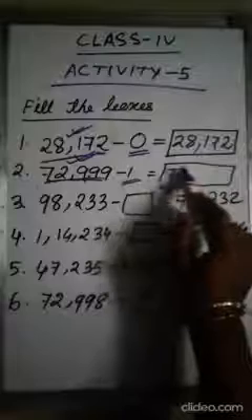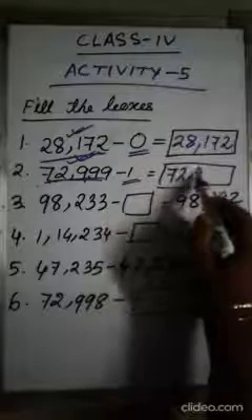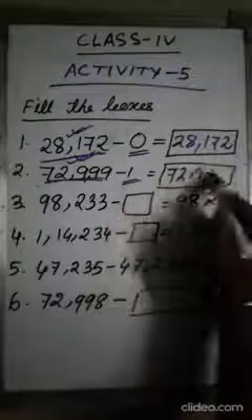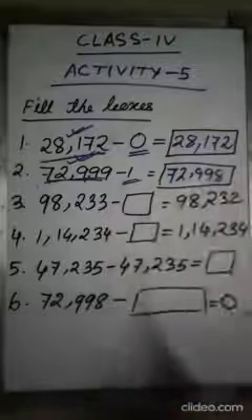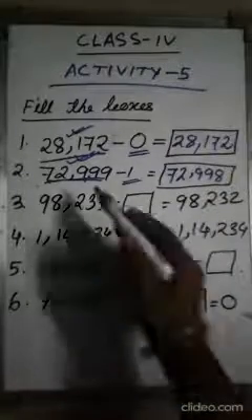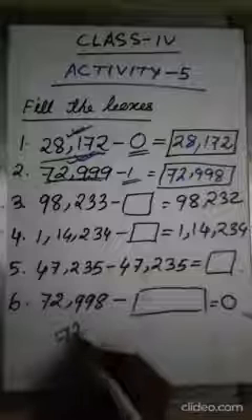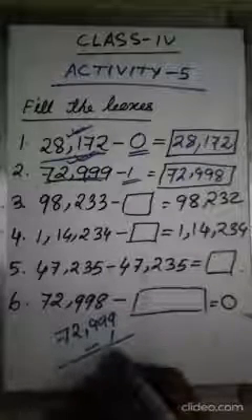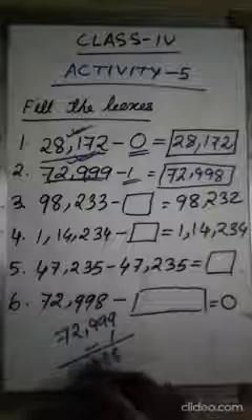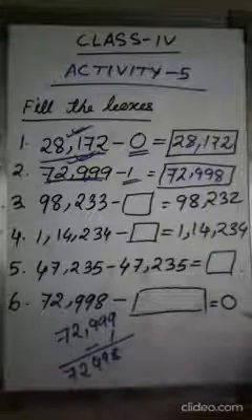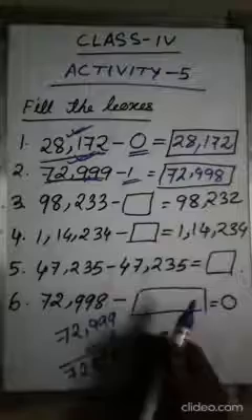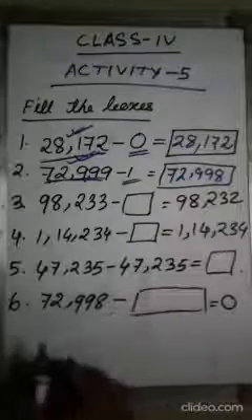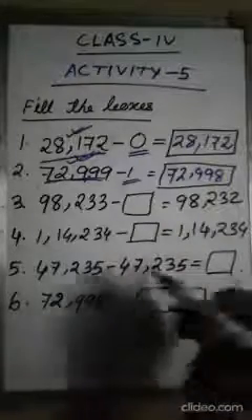That is 72,998. Or you can subtract like 72,999 minus 1. You will get the result. You get the predecessor of the given number.